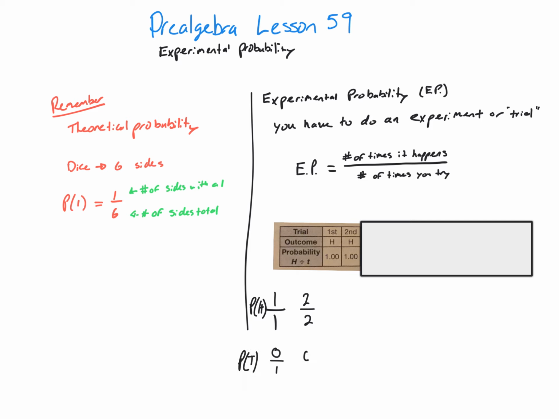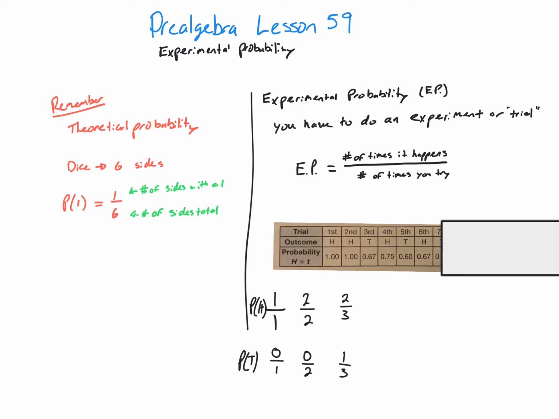Probability of tails is now 0 out of 2, or just 0. As we flip it again, now this time we get a tails. So the probability now would be 2 out of 3, because 2 times we've gotten heads, and we've tried 3 times. And this down here would be 1 out of 3. The probability of getting a tails is 1 out of 3.